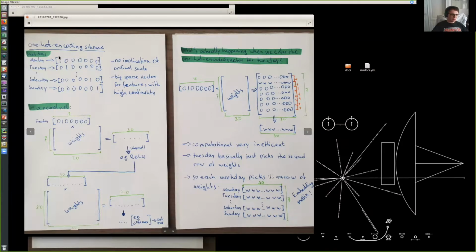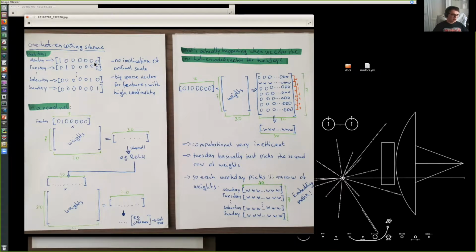So that's just a different representation of Monday to Sunday. You do that because you don't want to have an ordinal scale in this data. For weekdays there is kind of an ordinal scale, because Tuesday comes after Monday and Wednesday after Tuesday, but the difference, for example, between Friday and Saturday is different than between Wednesday and Thursday.